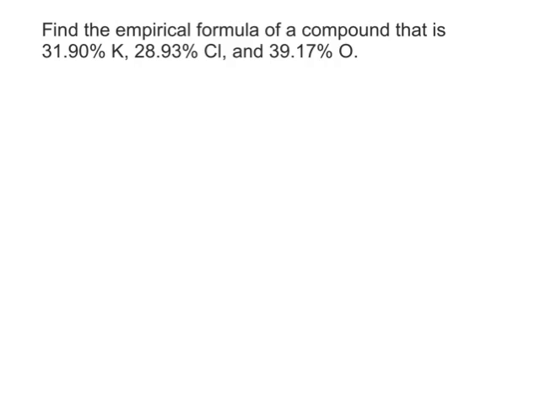Okay, so first example here, I was given percentages of the 3 elements in a compound: potassium, chlorine, and oxygen. And so I want to be like, right, these are grams. Grams. Grams. So I'm just pretending everything is in grams. And so my first step, as I mentioned, is we're going to find the moles of everything.